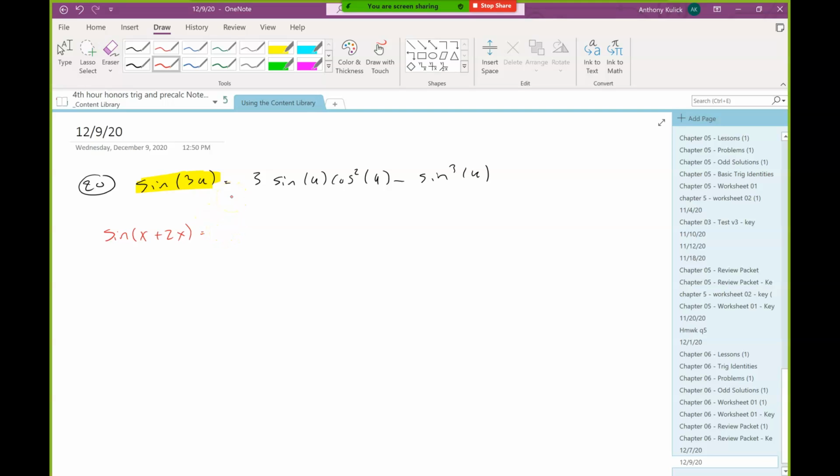When I plug that into the angle sum identity, I get sine of x cosine 2x plus cosine x sine 2x.